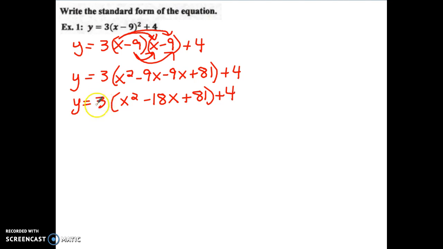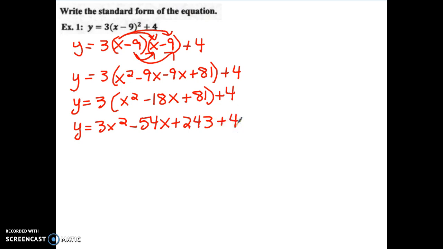So now we're going to take this 3 and multiply by everything within the parentheses. So that's going to leave us with 3x squared minus 54x and 243. And don't forget to bring down your +4.